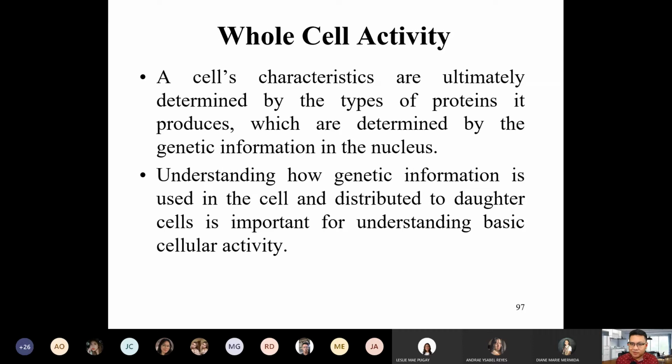If your cell is located within the skin, the main role is to produce proteins or enzymes that maintain the skin. So understanding how genetic information is used in the cell and distributed to daughter cells is important for understanding basic cellular activity. Okay?